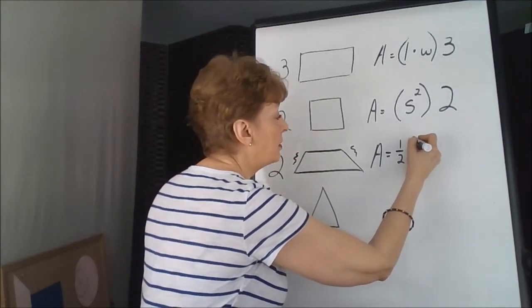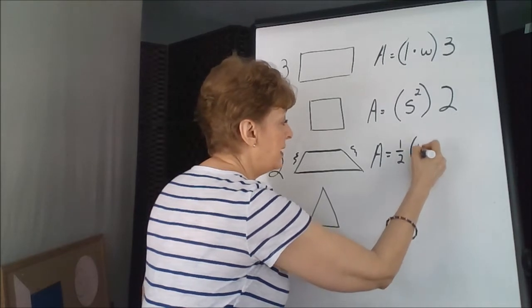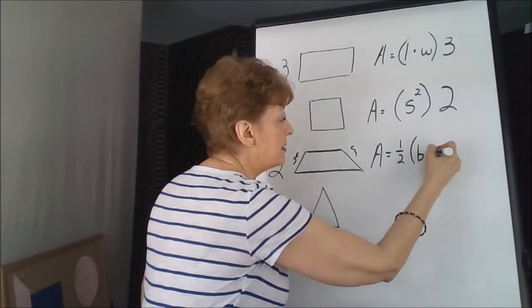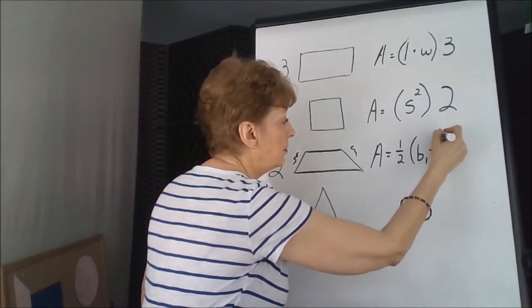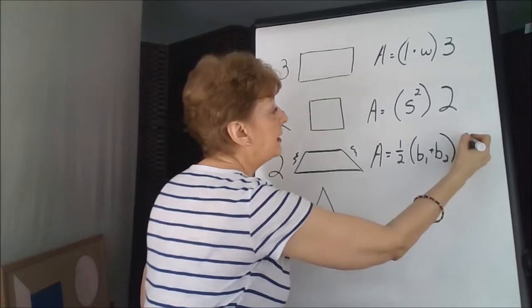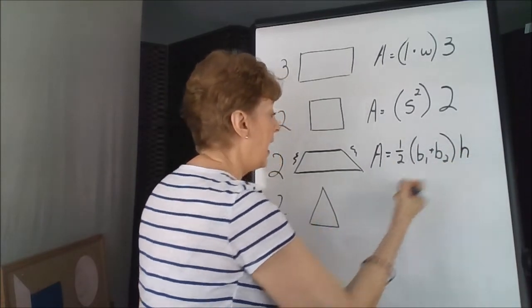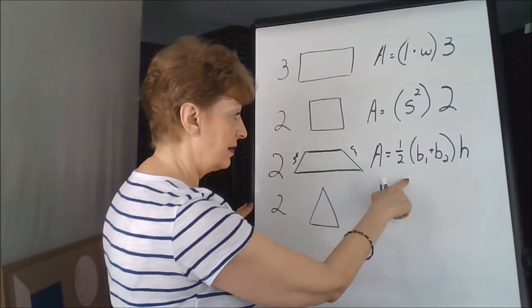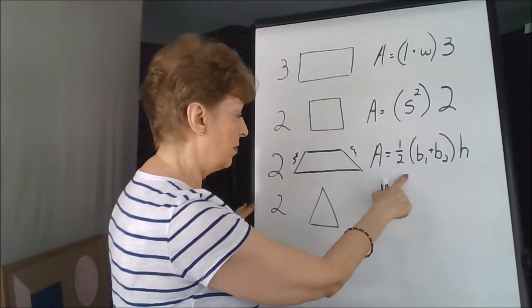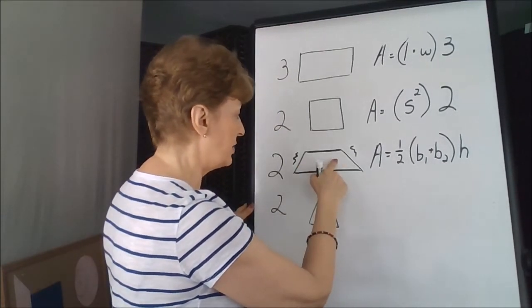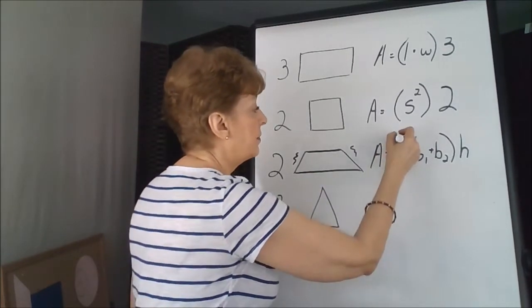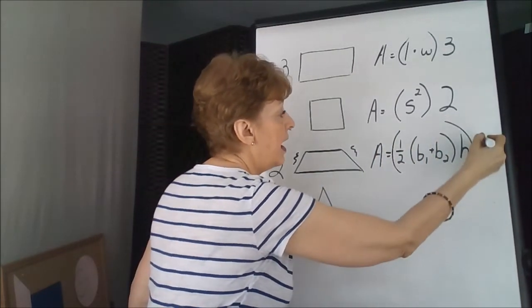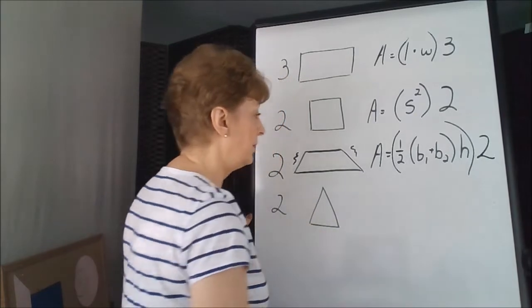So we're going to multiply this base 1 plus base 2. And then we need the height. And all of this is the area for one of the trapezoids, and we have 2. So now let's take all of this and multiply it by 2.